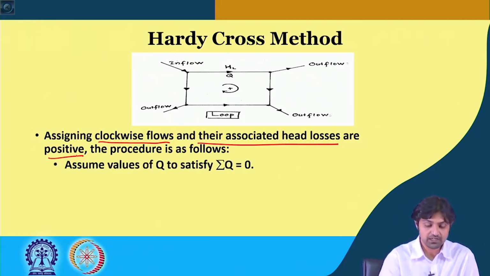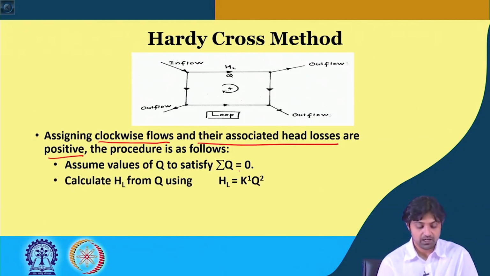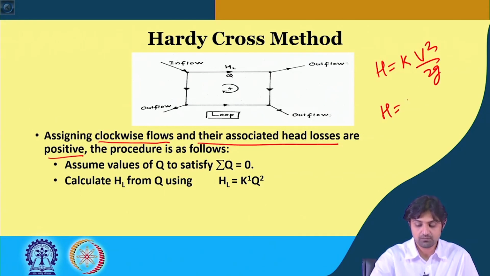So what we do is at each node we distribute Q and write that delta Q is equal to 0. And we calculate head loss from Q using HL is equal to KQ square, because you remember head loss was K into V square by 2G, or we can simply write KQ square by 2GA square.